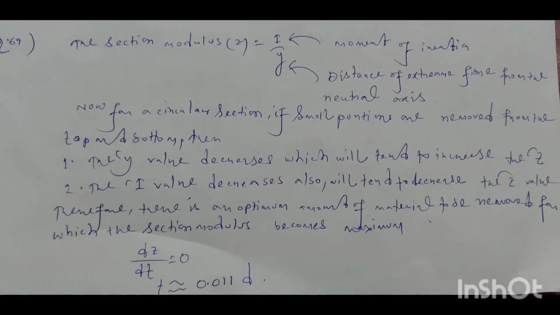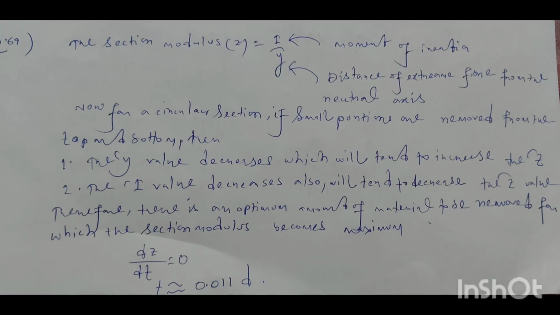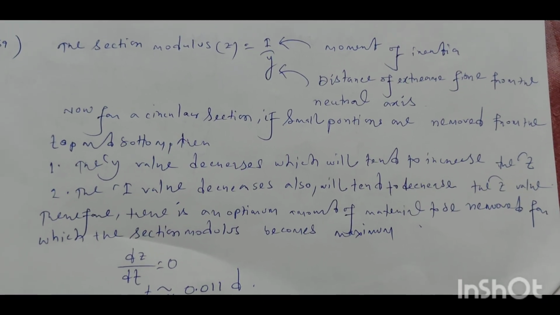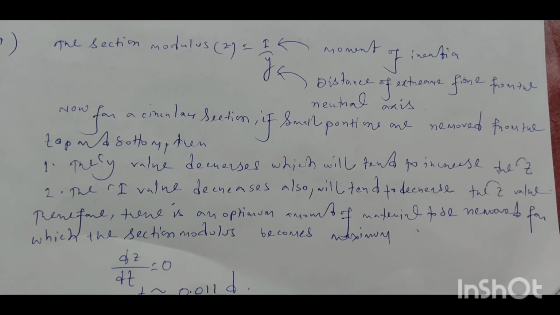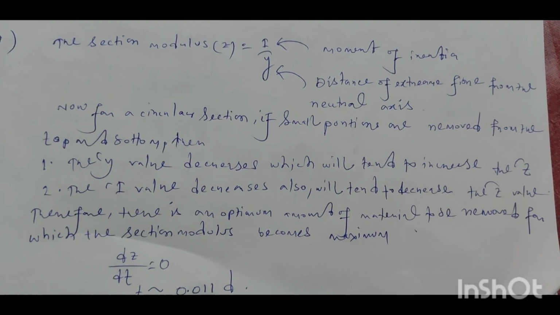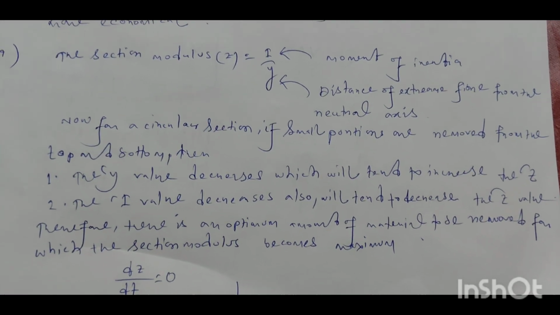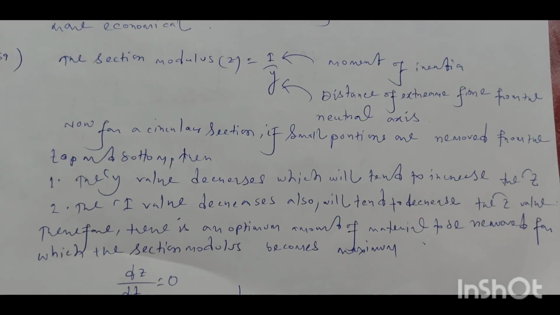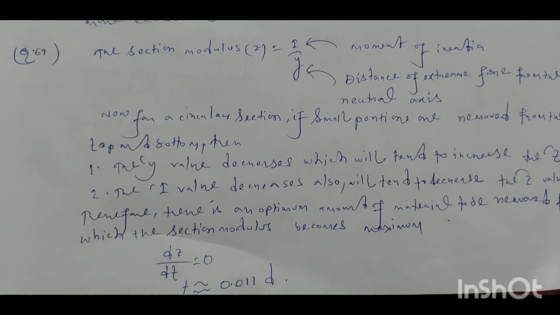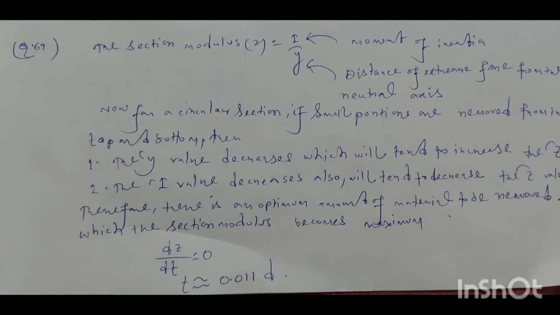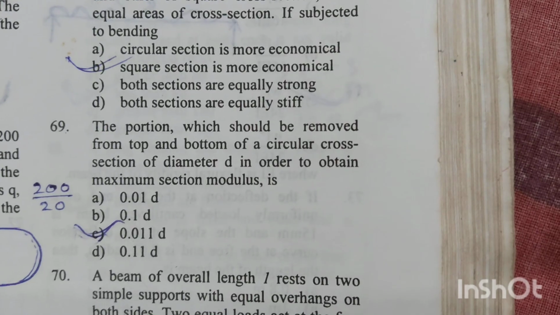Now for a circular section, if small portions are removed from the top and bottom, then, statement 1, the Y value decreases, which will tend to increase the section modulus Z. And statement 2, the I value also decreases, which will tend to decrease the section modulus Z. Therefore, there is an optimum amount of material to be removed for which the section modulus becomes maximum. Differentiating the section modulus with respect to the thickness t which will be removed, and equating to 0, if we calculate, small t will be equal to 0.011 d. Option C is the right answer.